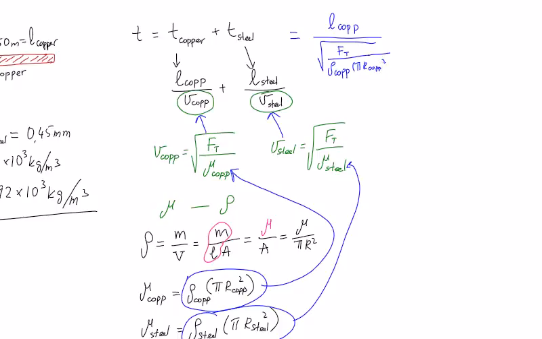Let's see, the square should be in a different place. Okay, there we go. Plus, same thing for the steel, L steel divided by the square root of force of tension divided by rho steel times pi r steel squared.